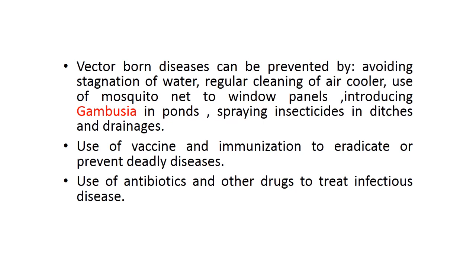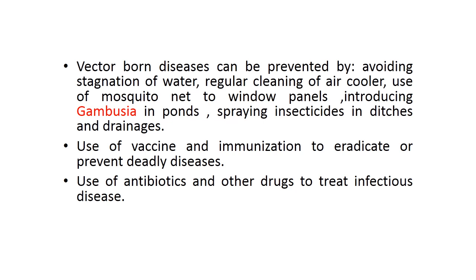Some of the diseases like malaria and filariasis spread through the mosquito vector. So an important measure to be followed is that we should control and eliminate the vector and also their breeding places. How can this be achieved? It can be achieved by following these measures. We should avoid the stagnation of water in and around residential areas.